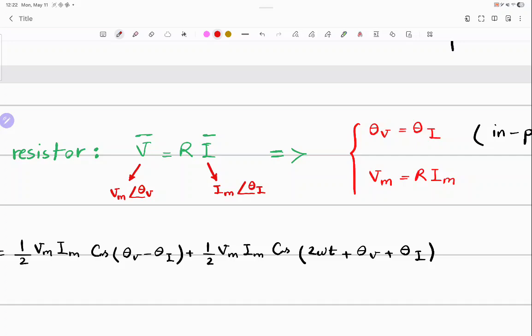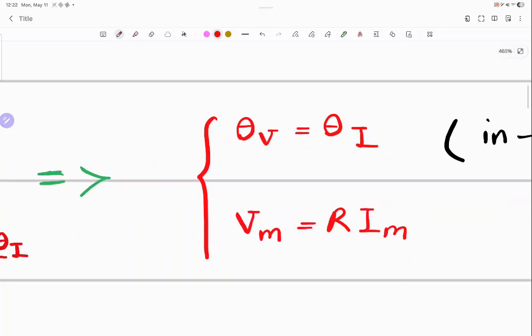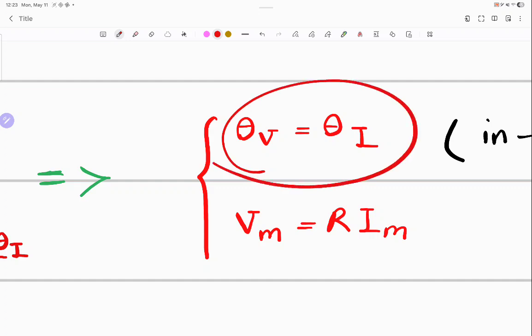What is the phase of the left-hand side? Theta V. What is the phase of the right-hand side? Theta I. Hence these 2 equations. Okay? Now, just by looking at the first equation, can you tell me if this is a resistor or no? Just by looking at this, can you confirm that it is a resistor or no?